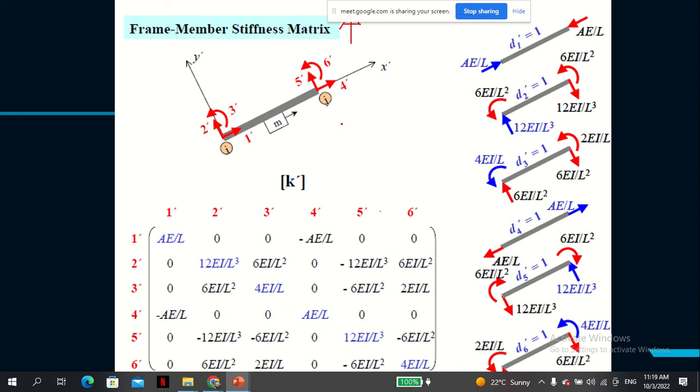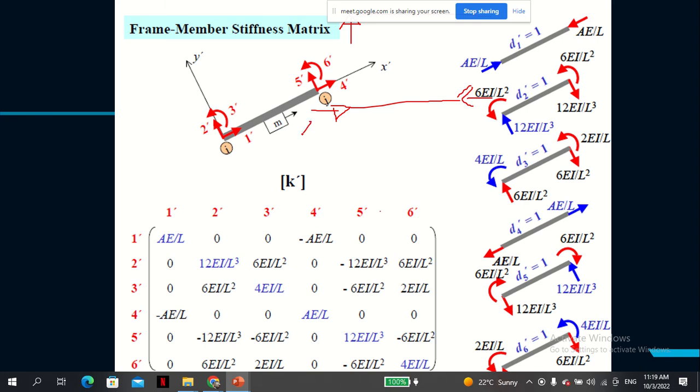So for this one, you apply a unit displacement there, and then you try to solve for equilibrium. For equilibrium, there has to be another force that balances this.